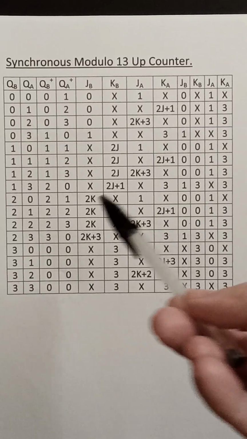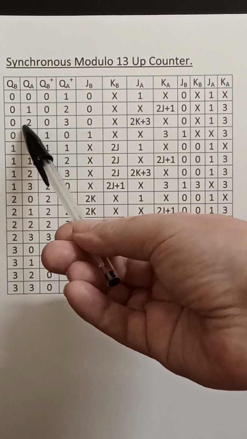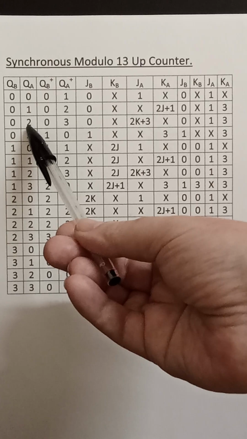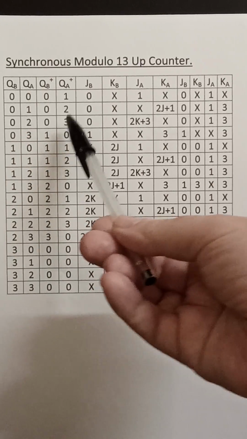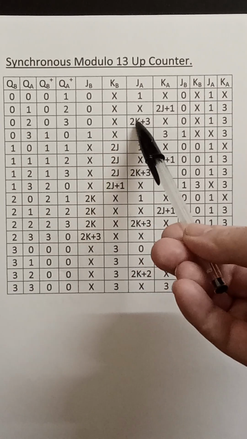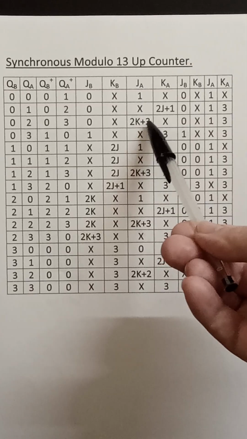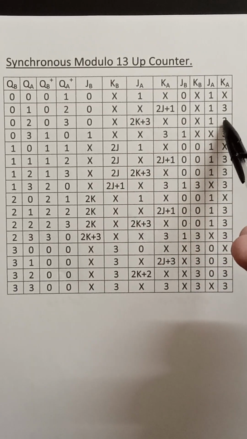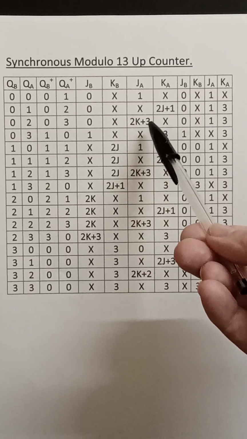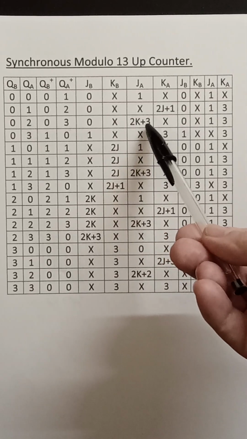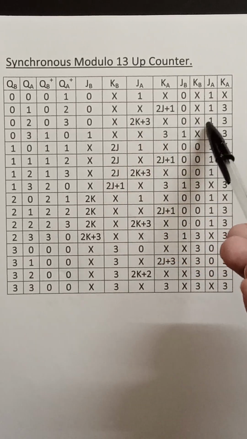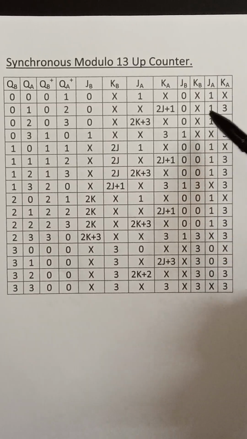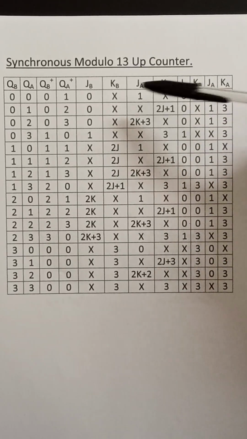So for example, from QA equals 2 to 3, J equals 2K plus 3, and K equals X. So I've chosen X equals 3 here, then 2 times 3 is 6 plus 3 is 9, which is 1 modulo 4.